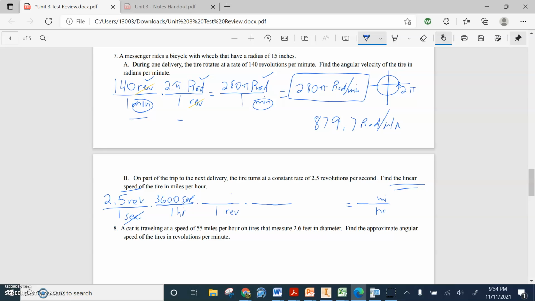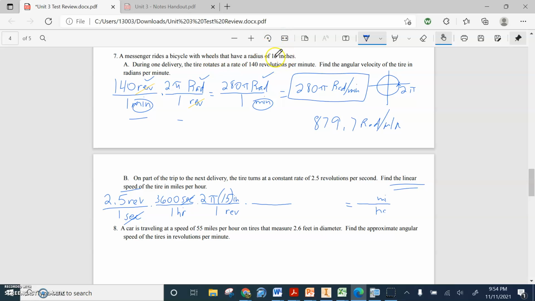So if you think about it, what is 1 revolution of a circle? It's known as the circumference of the circle. So I'm going to use the equation to say that 1 revolution is really 2 times pi times the radius.